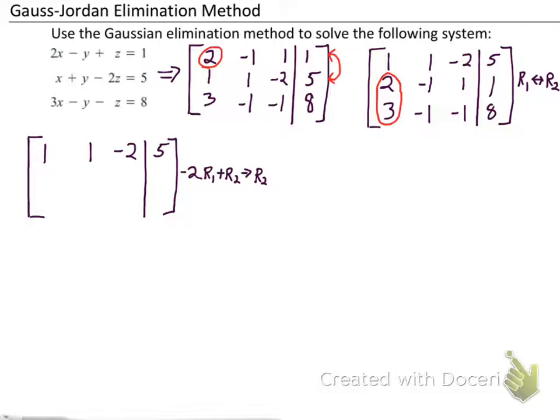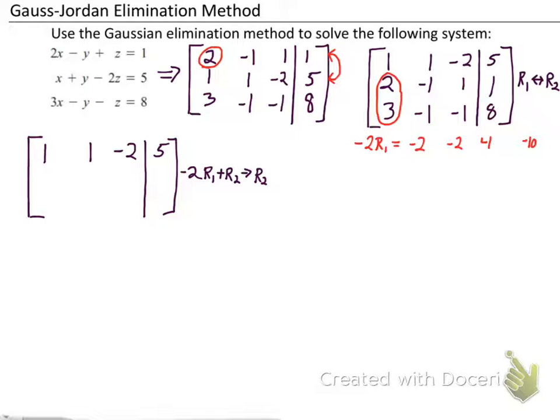What's sometimes nice to do, and you definitely don't need to do this, is I sometimes do a little side work. -2 isn't too hard to keep track, but sometimes I'll take my -2 and just right below this one say, hey, -2 times row 1 actually equals -2, -2, 4, and -10.